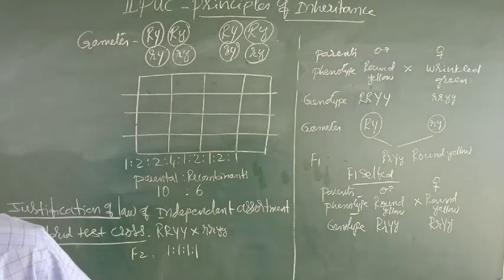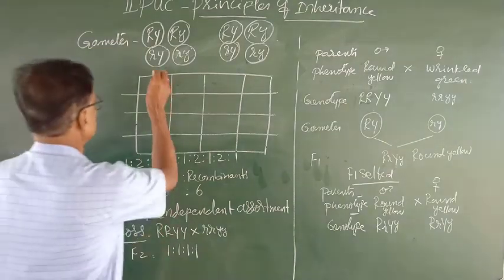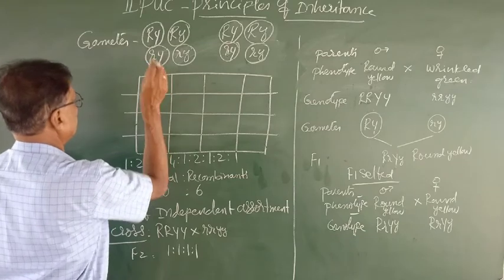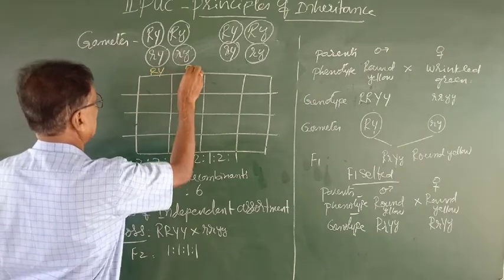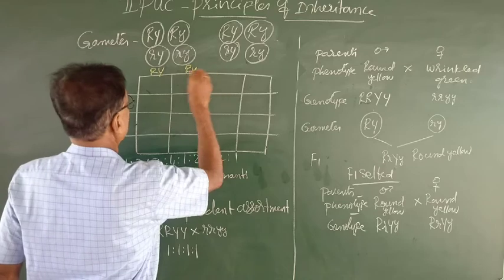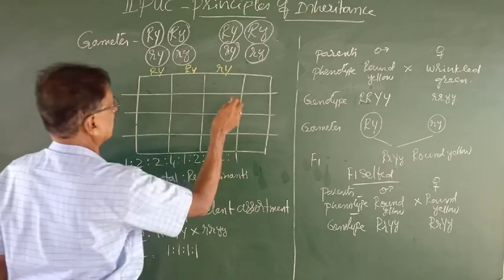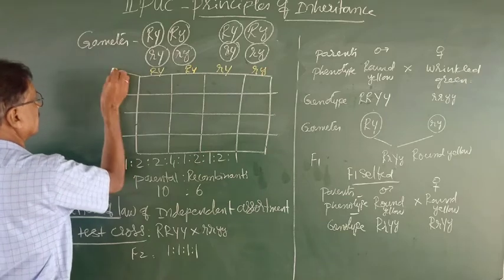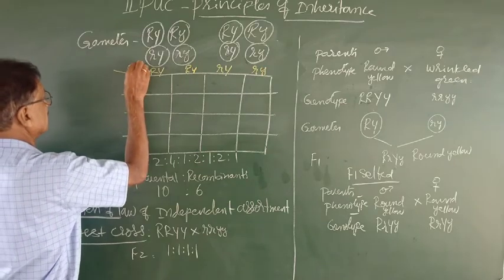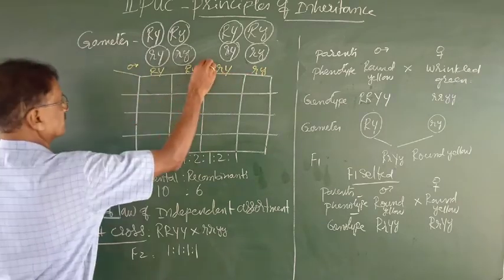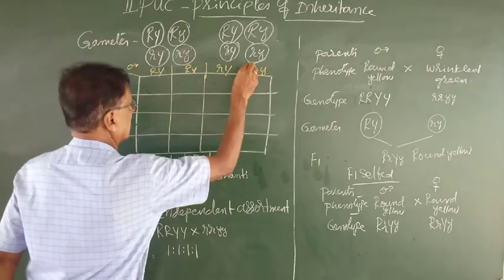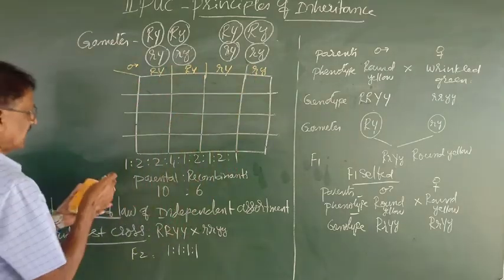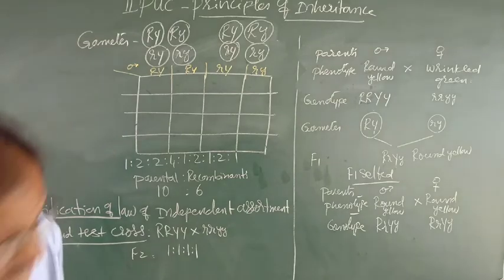And here, capital R, capital Y, capital R, small y, and then small r, capital Y, small r, small y, like this. And on one side, this is the male gametes, and here, these are the female gametes.